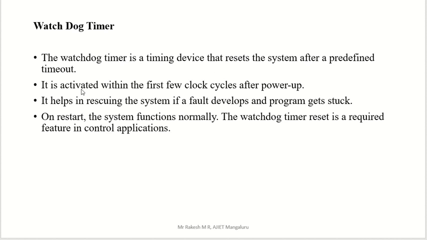If this watchdog timer is not there, the fault could continue for a whole day or 2 or 3 days, and the entire system would stay stuck for many days. That's why we need the watchdog timer: once your program is stuck for a few minutes or seconds, your system gets reset so that you can run the program again. That is the use of the watchdog timer.